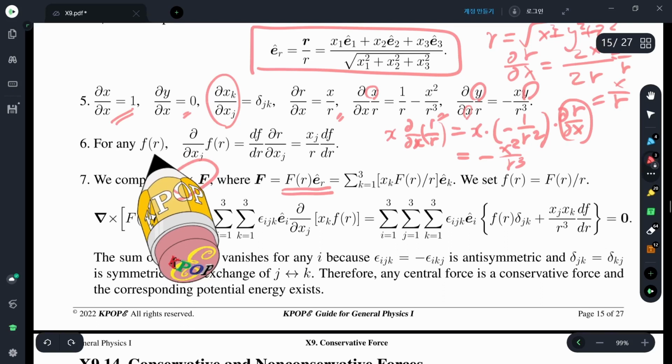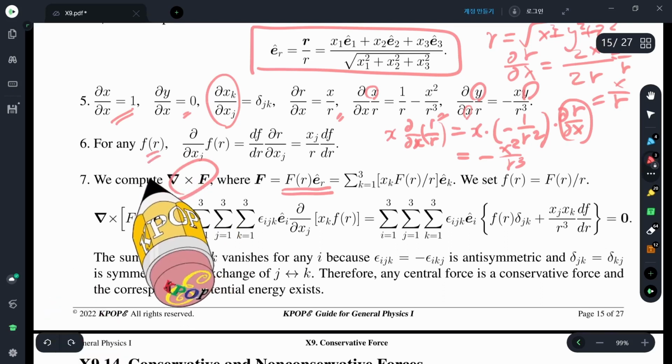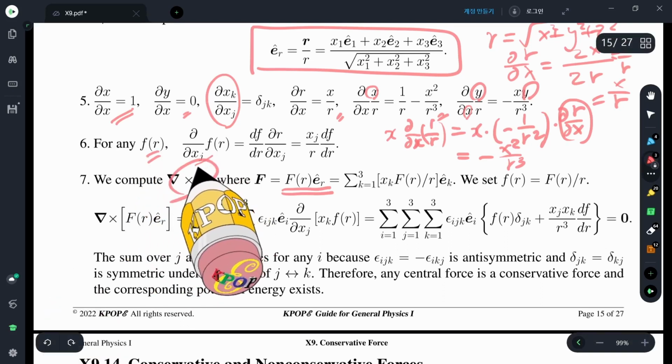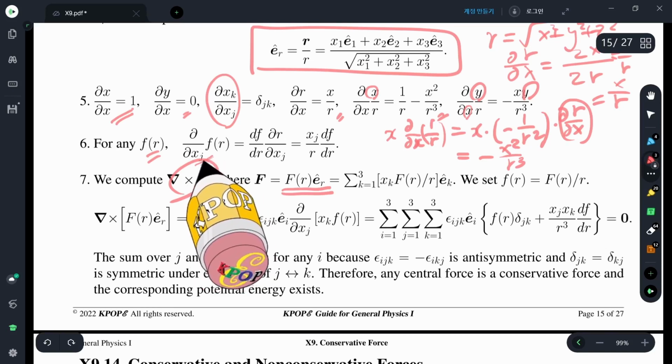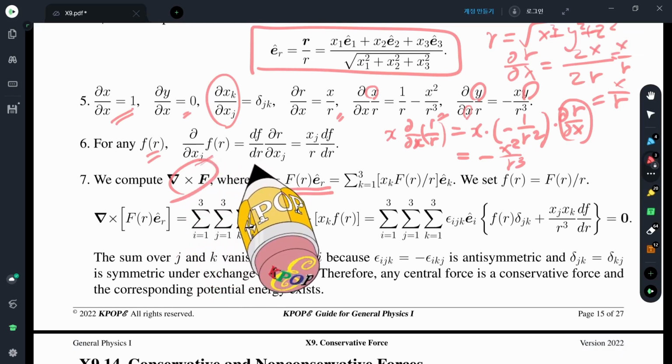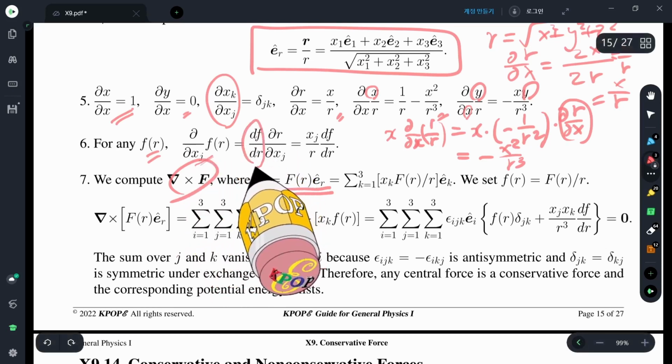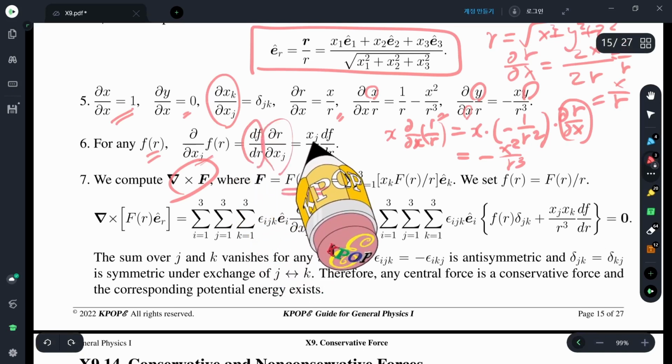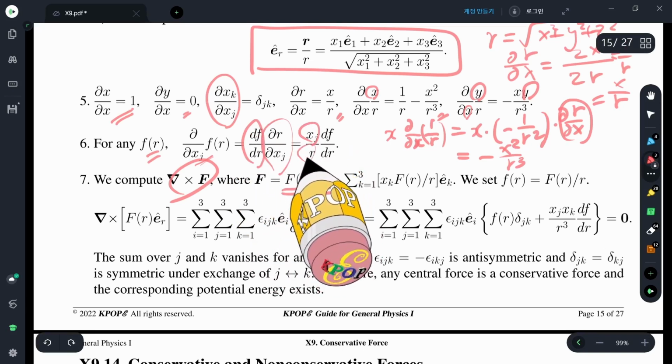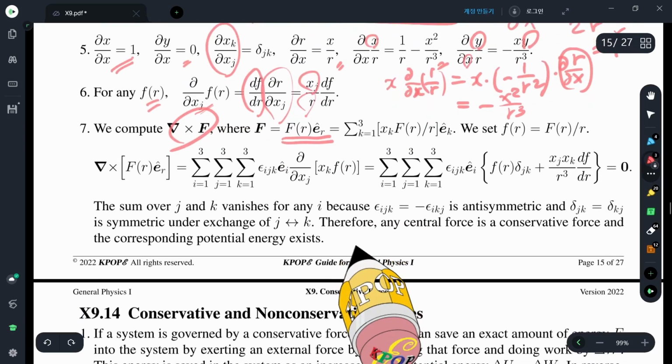So for any function of r, the partial derivative with respect to x can make use of the chain rule, and this is x_j over r. Okay, everything is ready.